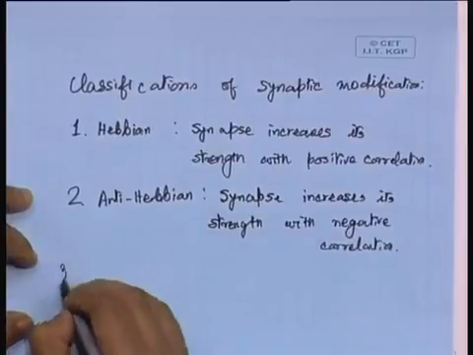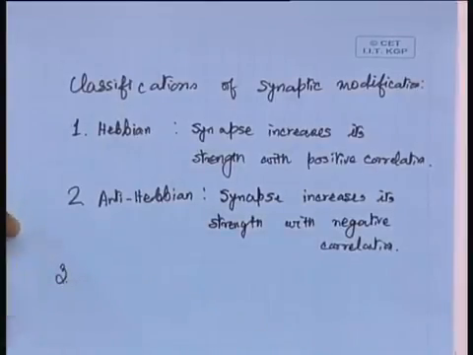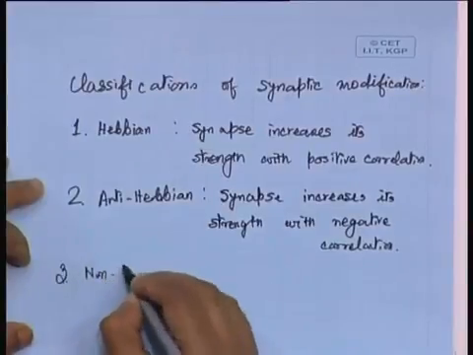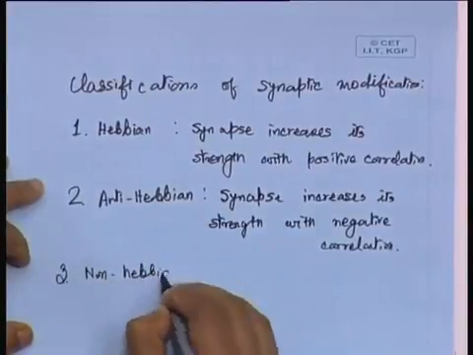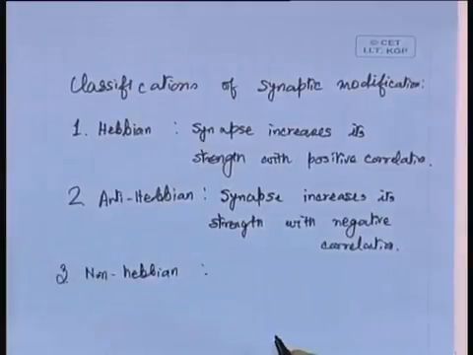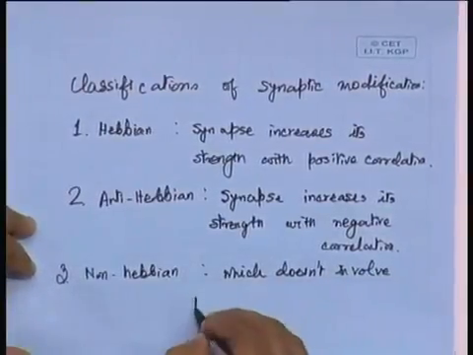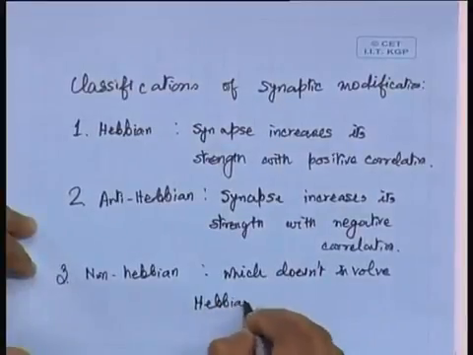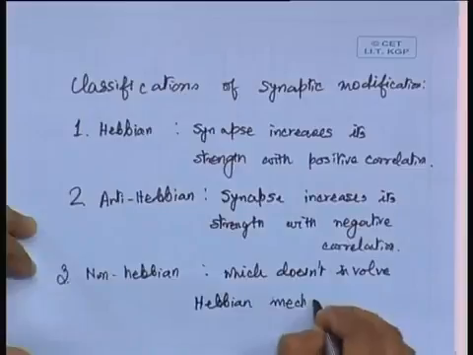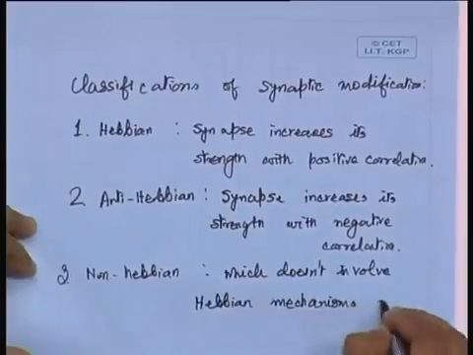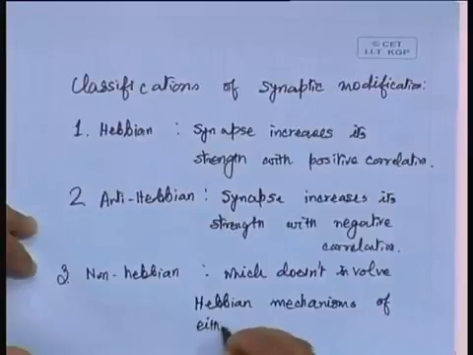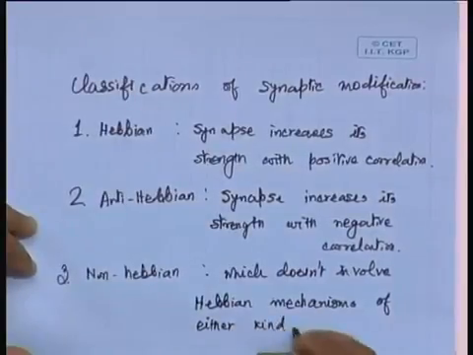And the third classification that we are going to define is non-Hebbian. And what is non-Hebbian? Non-Hebbian means that which does not involve Hebbian mechanism of either kind. Is it okay?